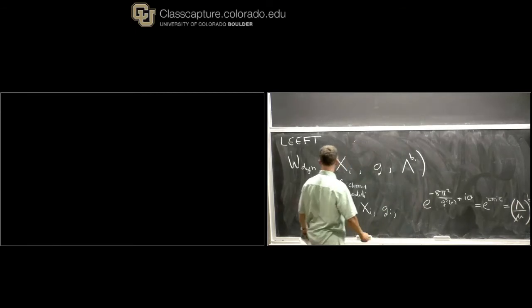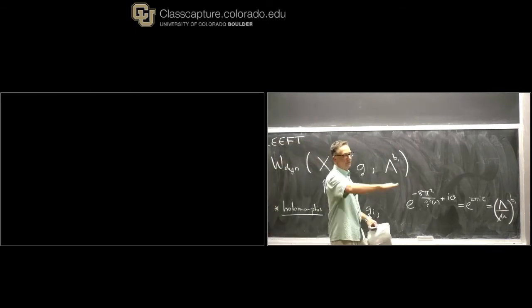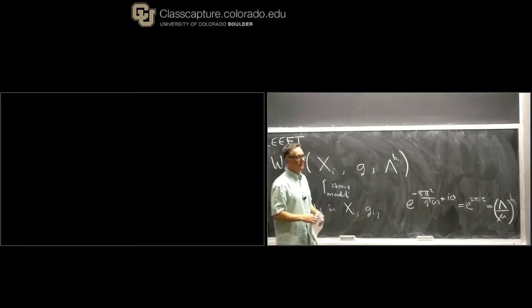Okay, so one of the tools that's very important is the fact that this is holomorphic in the X's and the g's. And especially important is the fact that if we take some of these X's to be large, if we go very, very far away from the origin on the moduli space, often that's a weakly coupled limit.